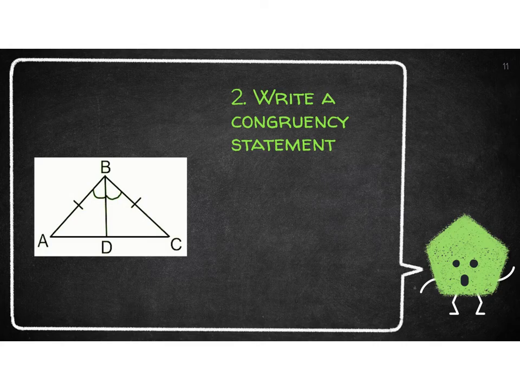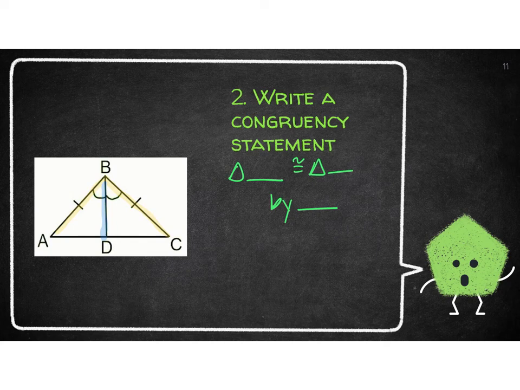Remember, we always start with triangle blank is congruent to triangle blank by blank, and we're looking for that shortcut. So again, let's go ahead and highlight. I can see that AB is congruent to CB. I can see that BD is congruent to BD, and this is because it is the same line.